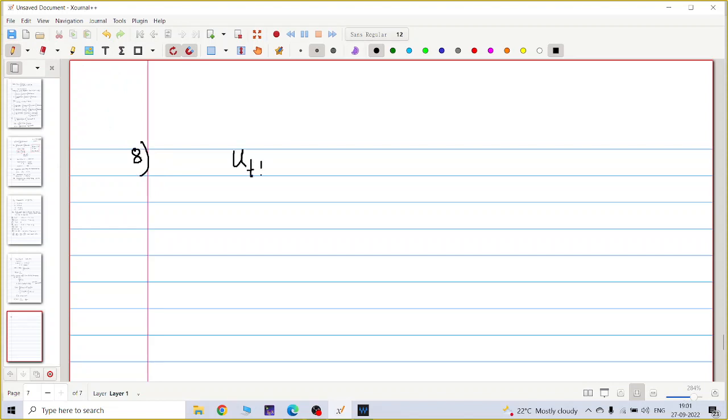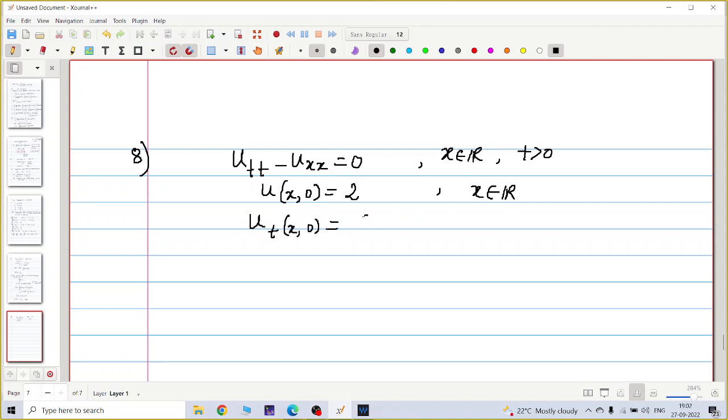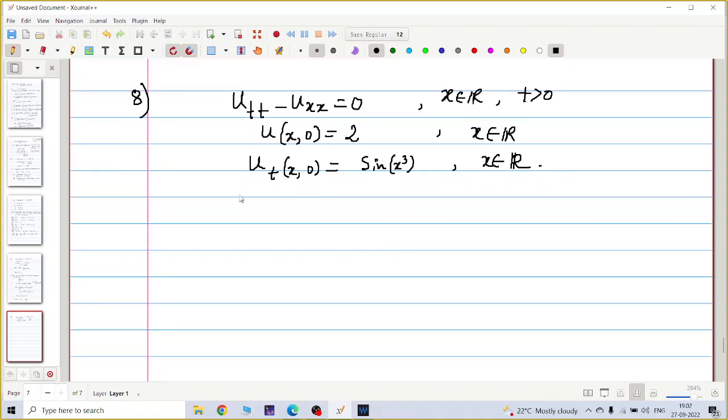The equation is u_tt minus u_xx equal to 0 for x in R and t positive, and u(x, 0) is 2 for x in R, and u_t(x, 0) is sin x cubed for x in R. So now we have to find u(0, t).